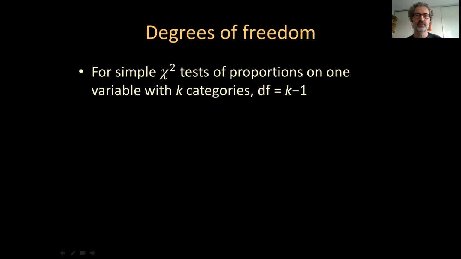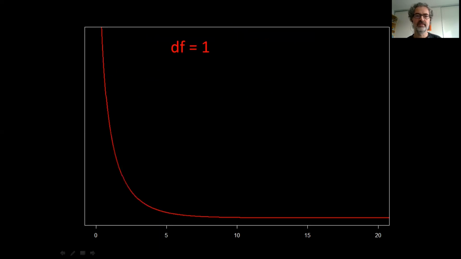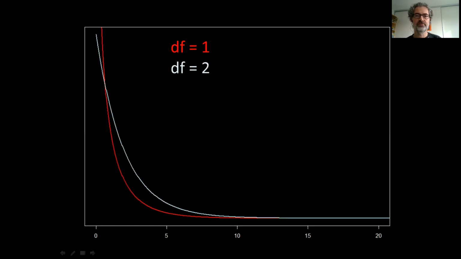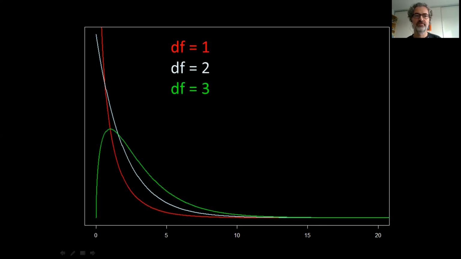And to have a visual representation of the differences, this is the curve for 1 degree of freedom. So this is the curve we had before with the 2 categories. This is the curve for 2 degrees of freedom, that is when there are 3 different categories. The curve for 3 degrees of freedom, so 4 categories. You see this is a rather different shape.